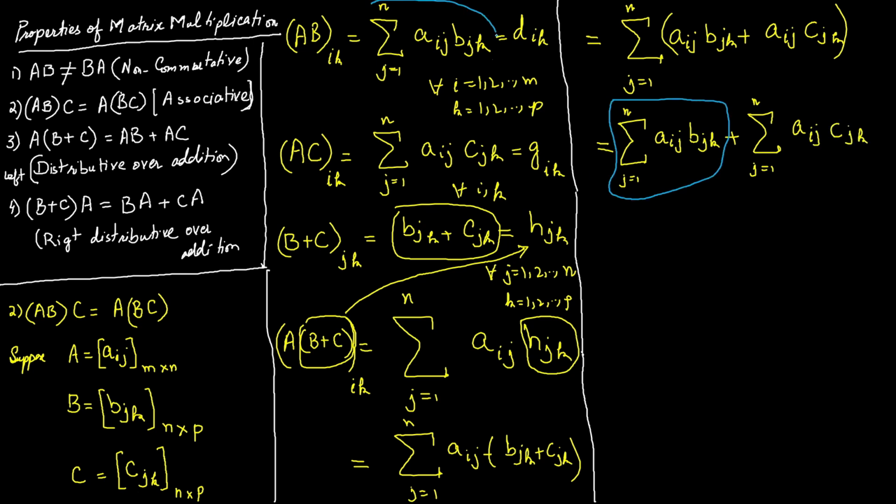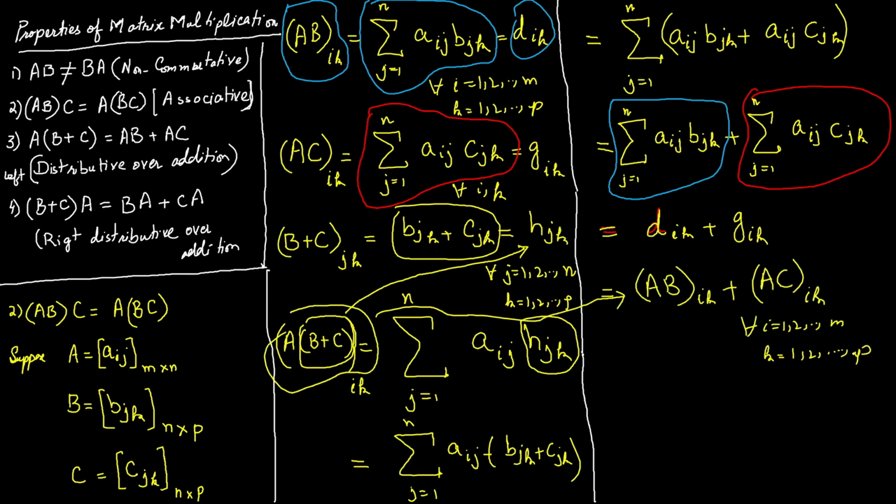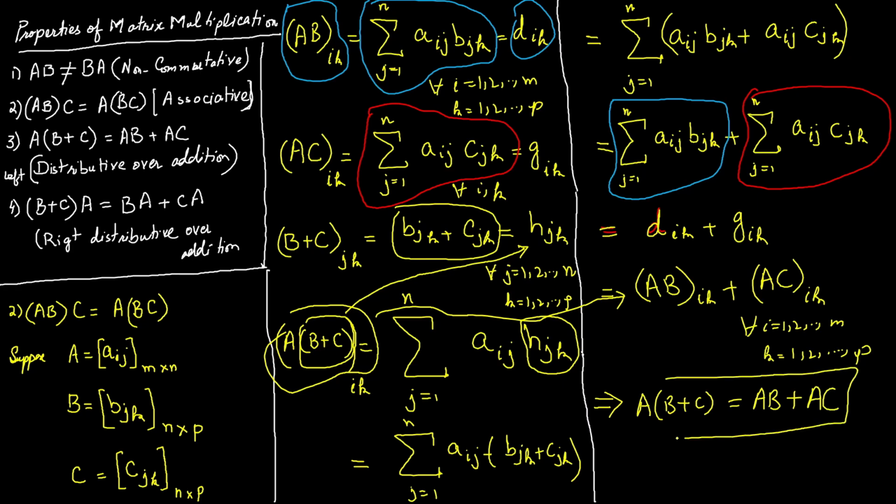The first summation looks like the matrix multiplication AB and the second summation looks like AC. This is true for all i and k. We have our desired result. You can prove the right distributive law yourself on the same lines.